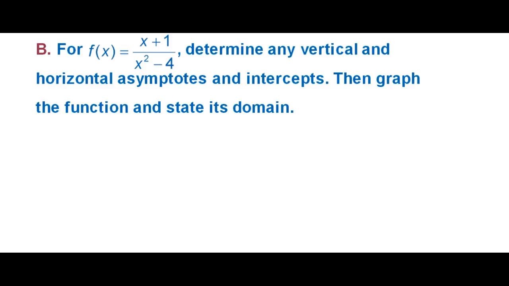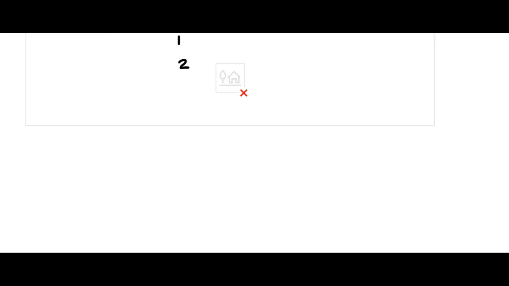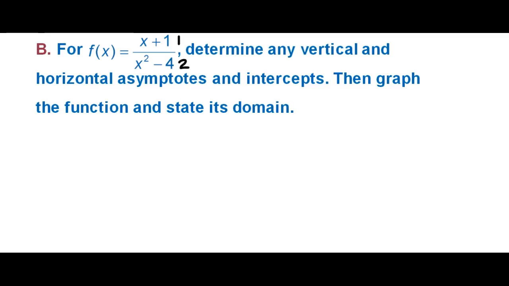All right, so now let's go ahead and take a look at this example using those same methods we just did for the previous one. And we have x plus 1 over x squared minus 4. The degree of the top one is x to the first power for my highest power. And on the bottom, we have x squared as my highest power.